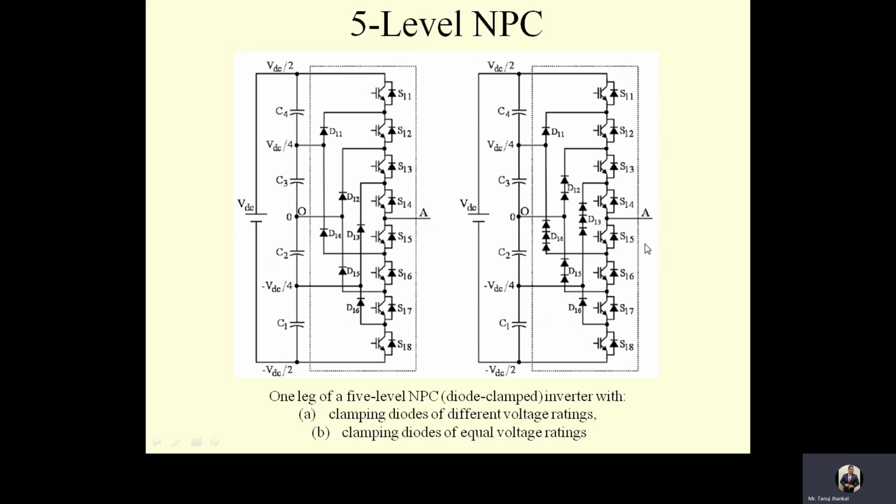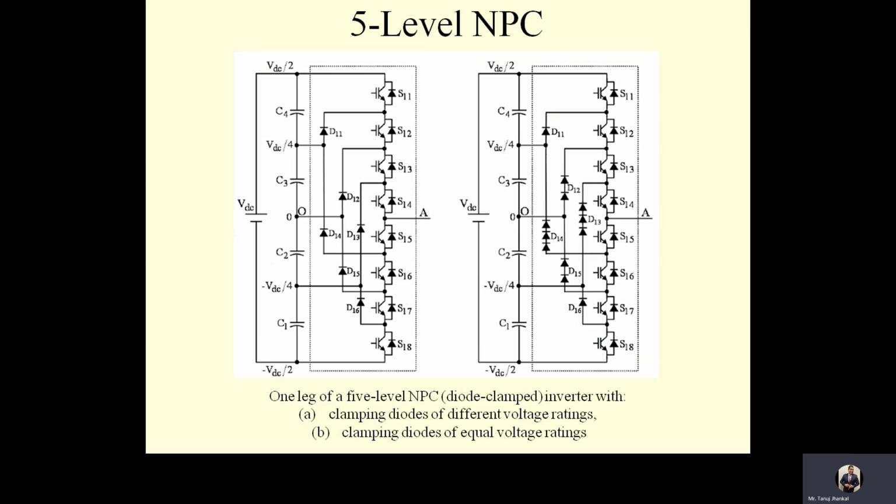The formula is VD, which is the diode voltage, equals VDC times (n minus 1 minus k) divided by (n minus 1), where k varies from 1 to n minus 2.